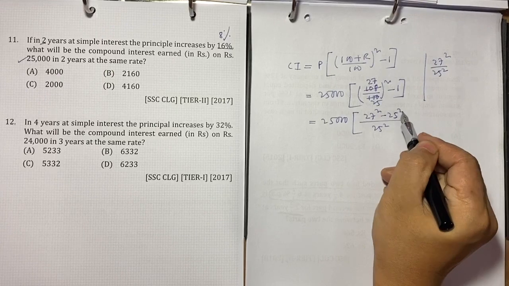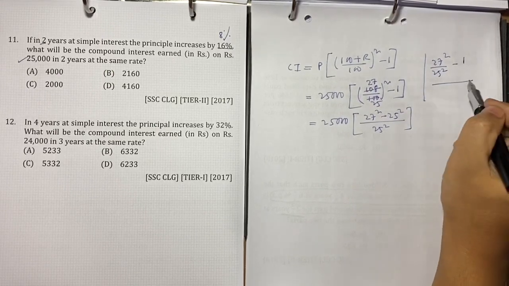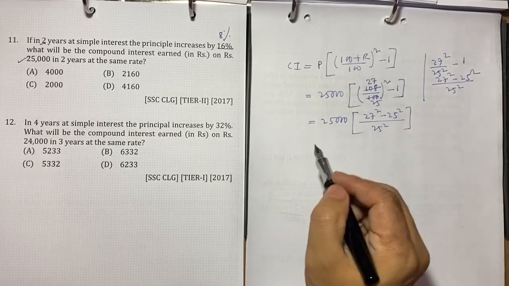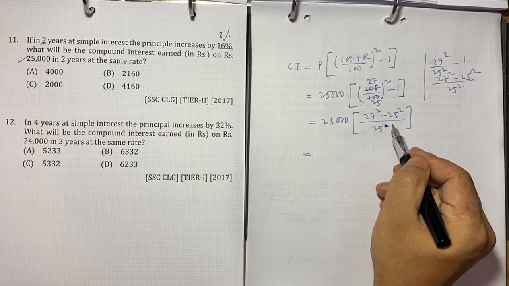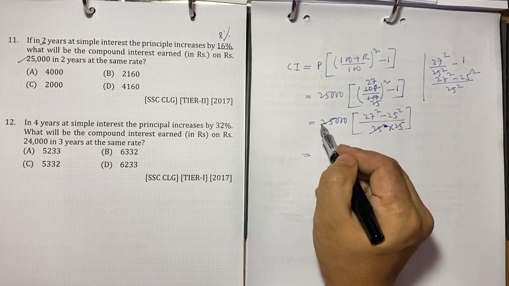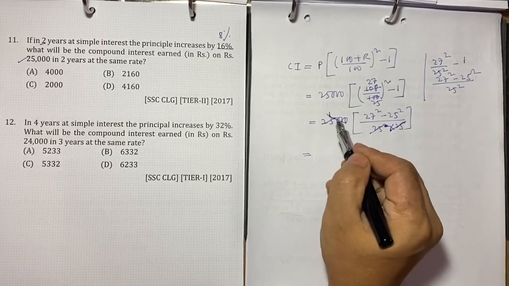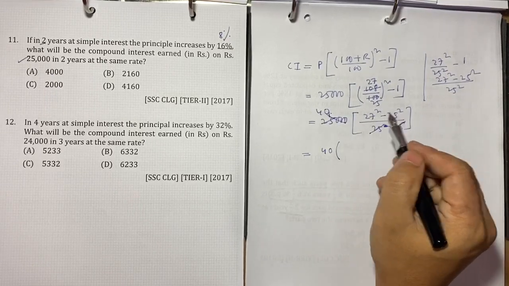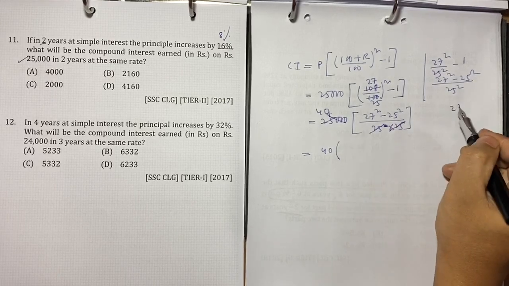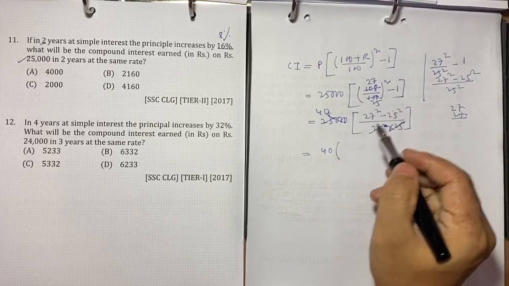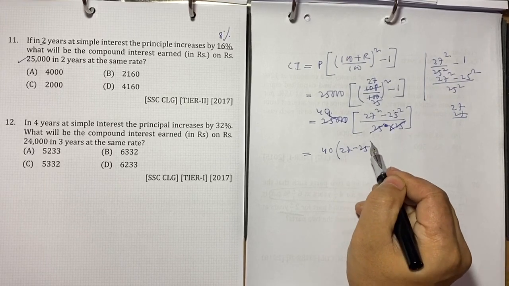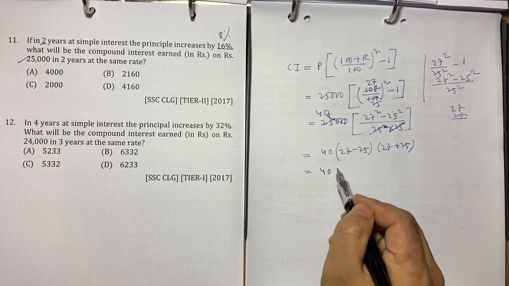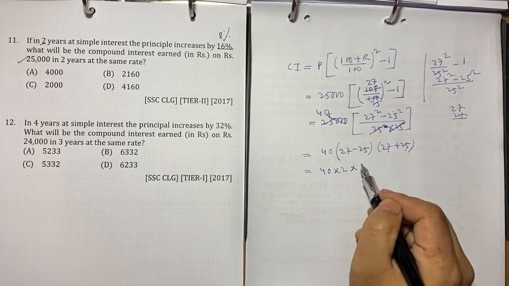Taking LCM 25 square, we get 27 square minus 25 square. Using a square minus b square, which is a minus b into a plus b, this will be 40 into 2 into 52.